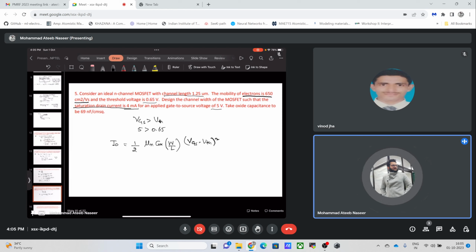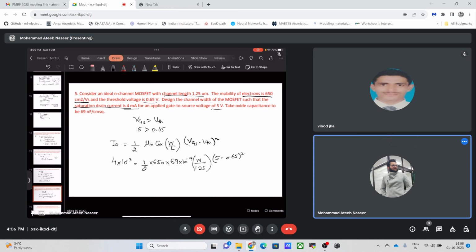So it is simply 4 milliamperes is equal to 1 by 2 mu n, which is 650, C ox is 69 into 10 to the power of minus 9, W by L, we need to find W, L is 1.25 micrometer, and VGS minus VTH is 5 minus 0.65 whole square.